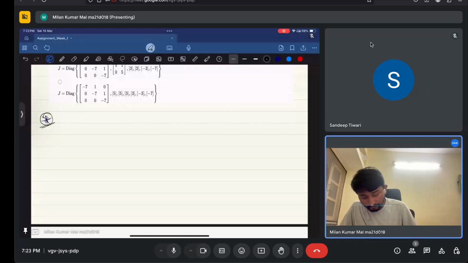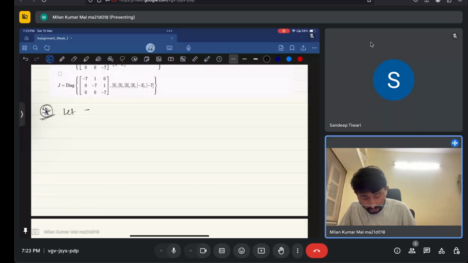So let T from V to V. Let V be a finite dimensional vector space over a field F, which in general will be either complex or real.